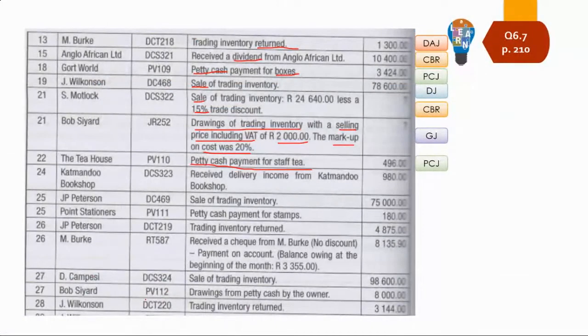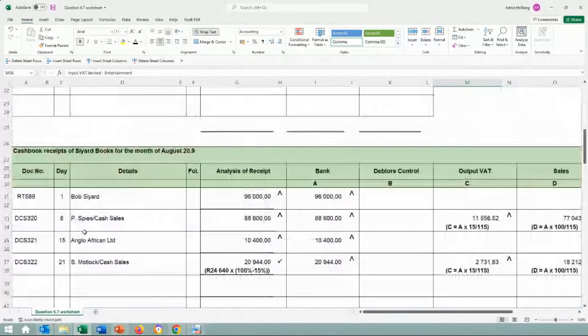Then on the 24th, we've got Kathmandu Bookshop. We received delivery income from Kathmandu Bookshop. Because we received it, it's cash that we received. The 980 would go to your cash book receipts. Because we do not have an account like that, we would then take it to the sundry accounts.